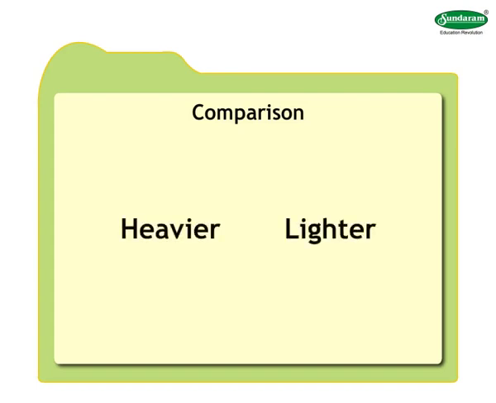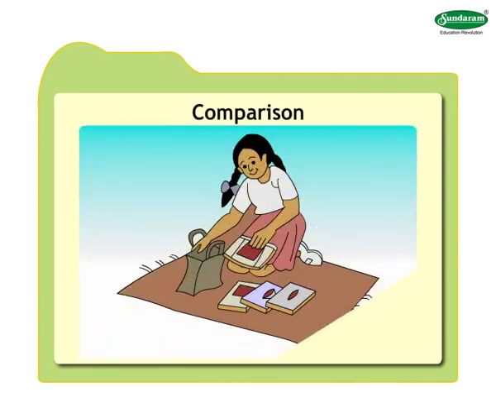Now, let us consider other words of comparing things such as heavier and lighter. Now, look at the picture alongside. The girl is holding an empty bag and books are on the floor.